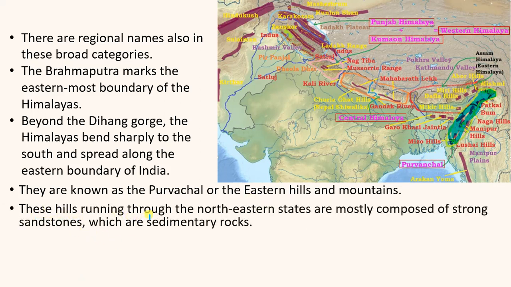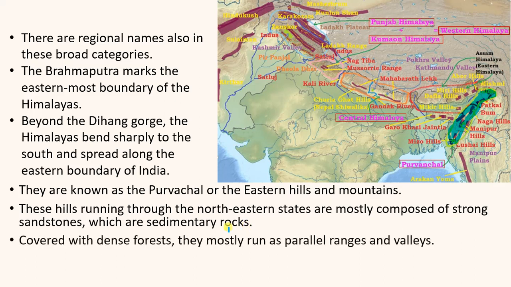These hills running through the northeastern states are mostly composed of strong sandstones, which are sedimentary rocks. Covered with dense forest, they mostly run as parallel ranges and valleys.